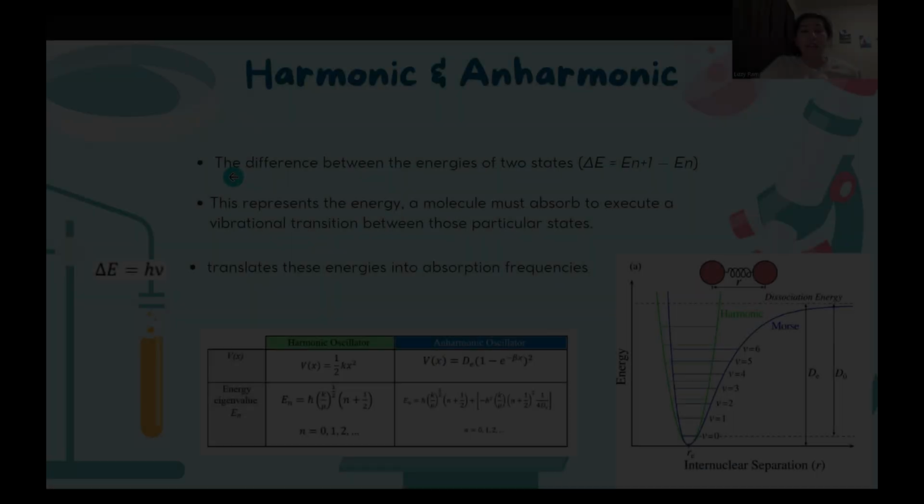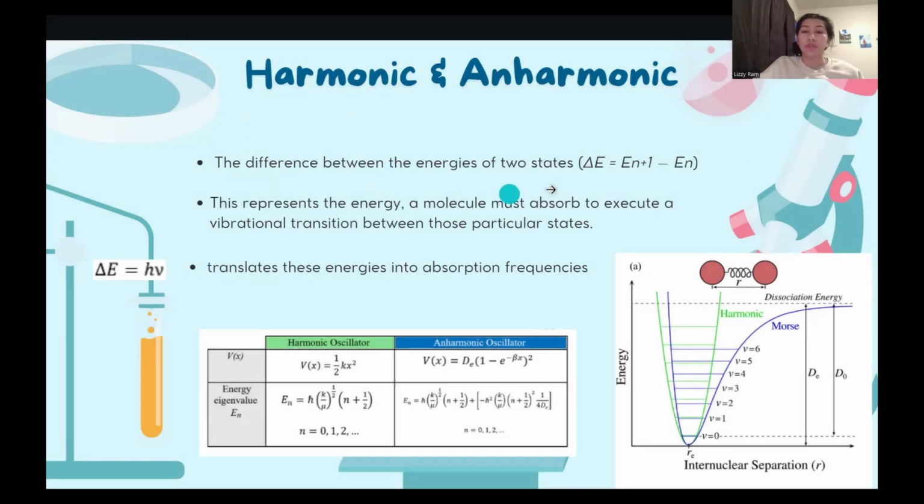The difference between the energies of two states can be found with this equation, with n representing the quantum number. The result represents the energy a molecule must absorb to execute a vibrational transition between those particular states, and this equation translates these energies into absorption frequencies.